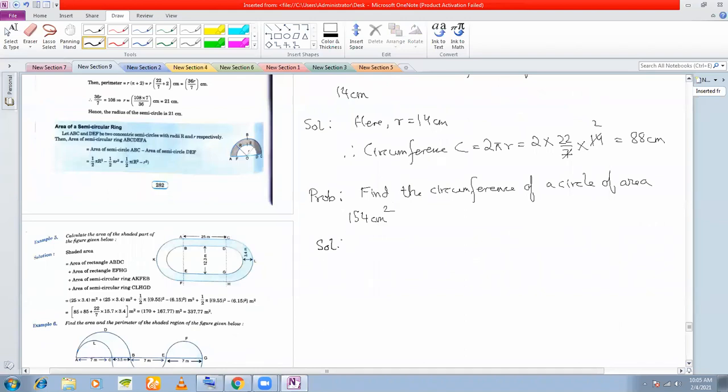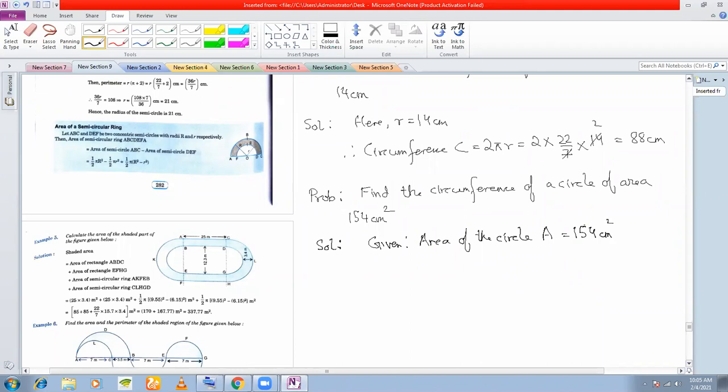Again the value of pi is not given, so we'll take according to our wish. Now see, first of all, what you must realize is that the area of the circle is given here. So given here is area of the circle, A is equal to 154 centimeter square.